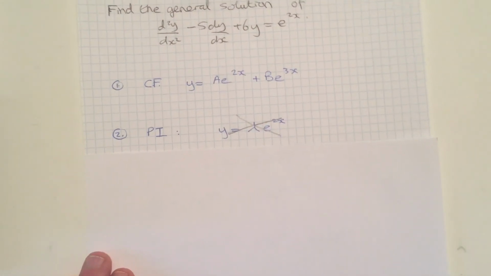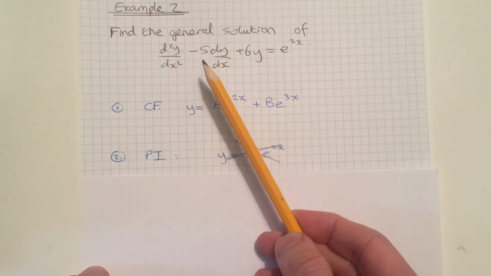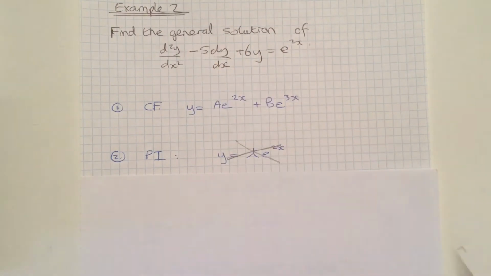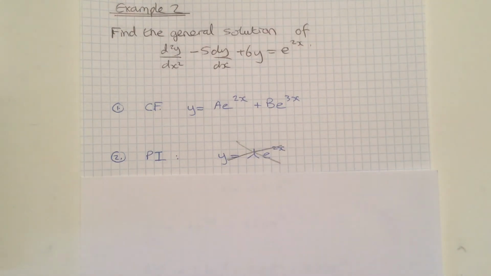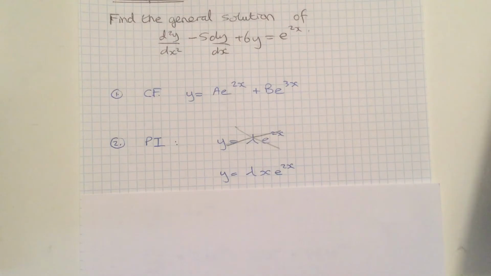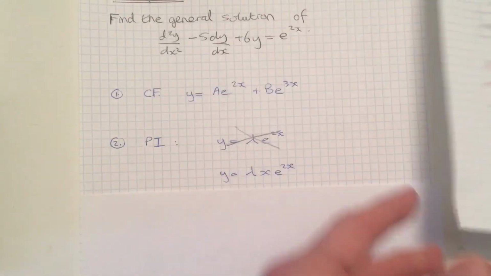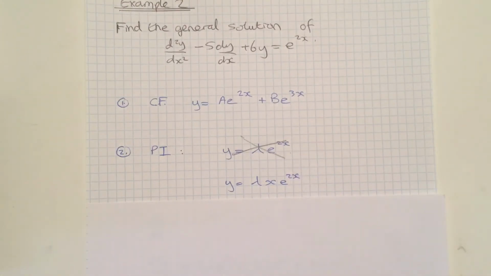If I substituted that in over here, I know that that's going to end up giving me 0, not e to the 2x. So I know that this isn't going to work. So what I do instead, like I was talking about down here, instead of having this as my particular integral, I'm going to times it by x and get that as my particular integral.